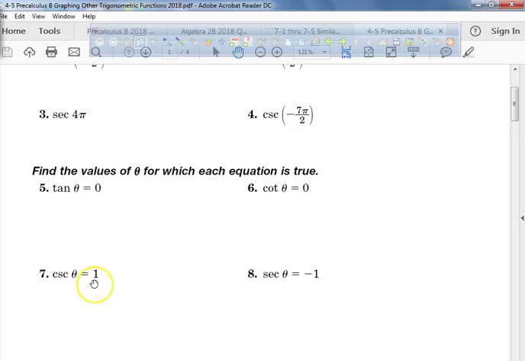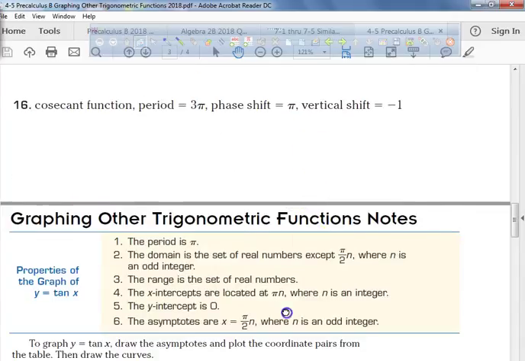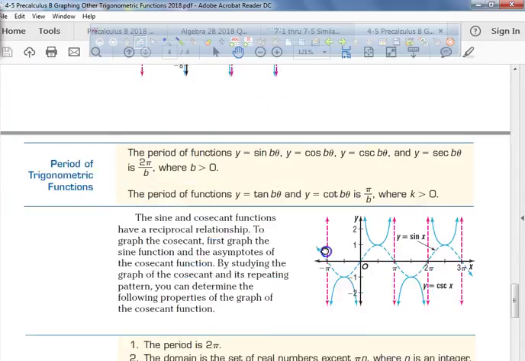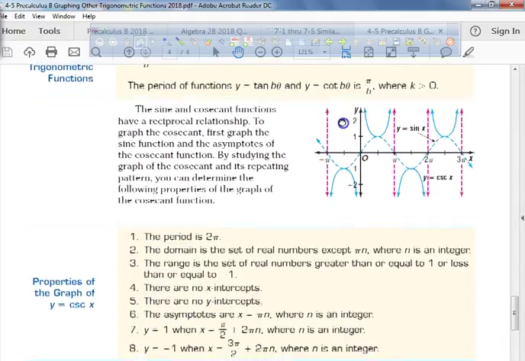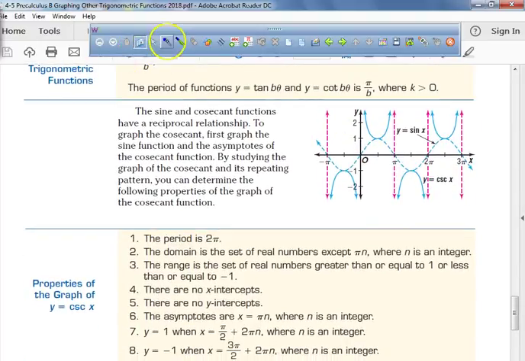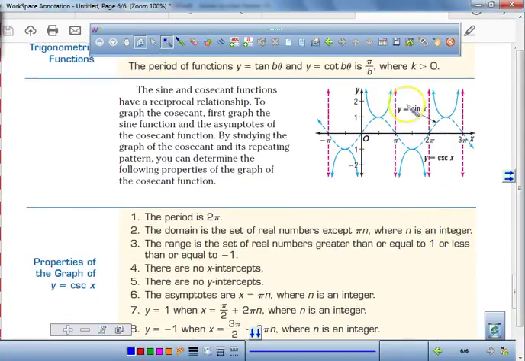Number 7, the cosecant of theta. Where is the cosecant of theta always equal to 1? So right now, I'm going to go to my cosecant graph. Okay. Here is my cosecant graph. I'm going to put a point right here, and a point right there.